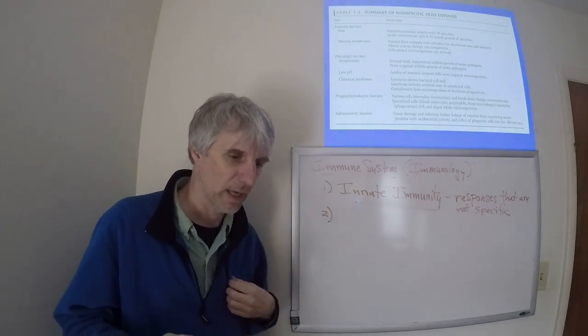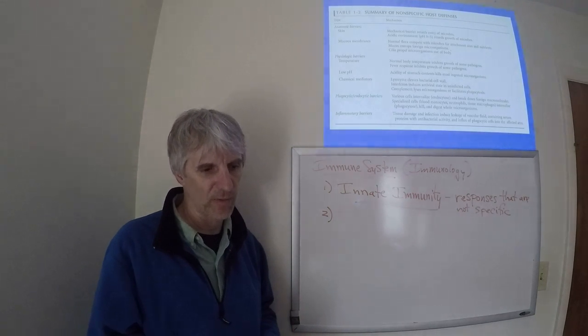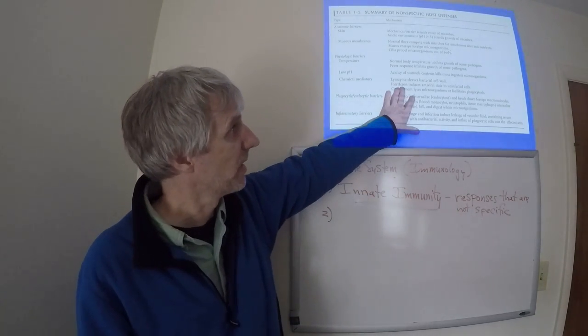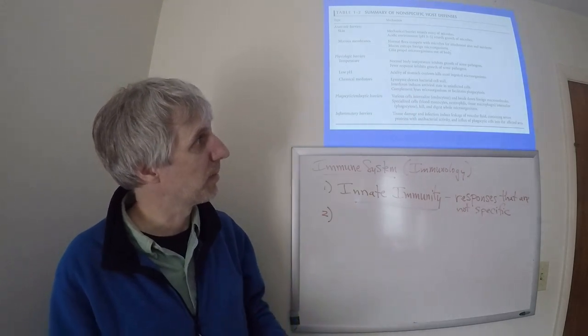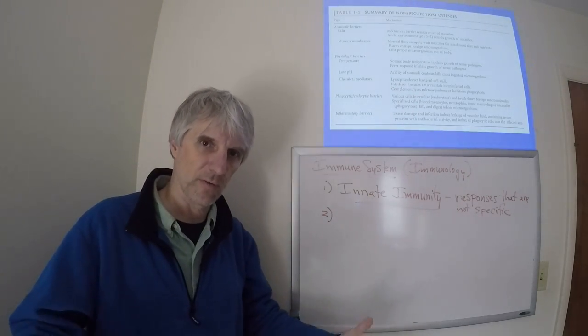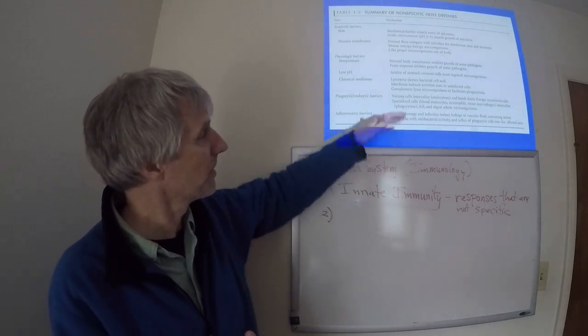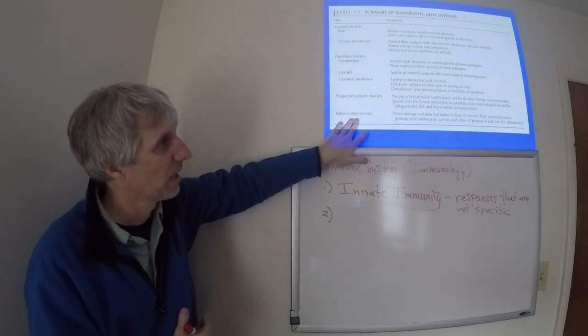We also, in response to infection by a virus, a lot of cells will produce this interferon stuff. Interferon reduces the ability of viruses to further infect cells. Okay, so lots of different approaches here.